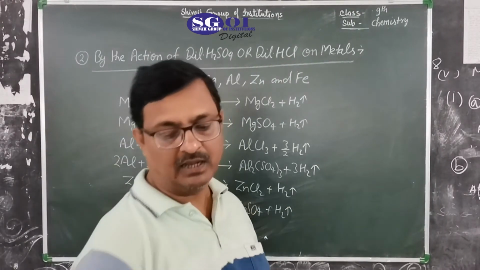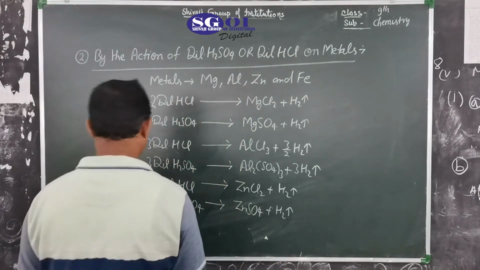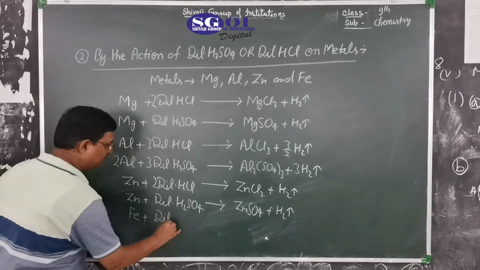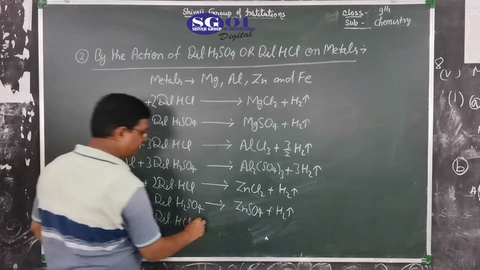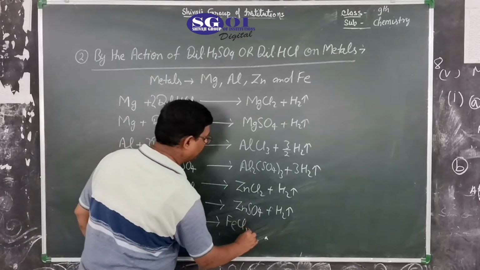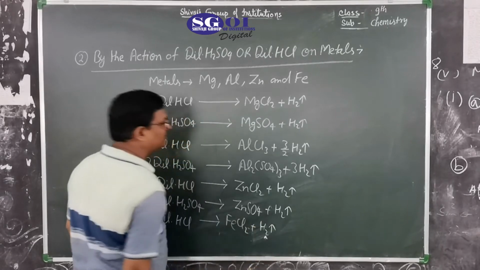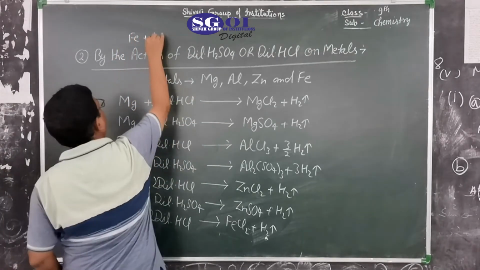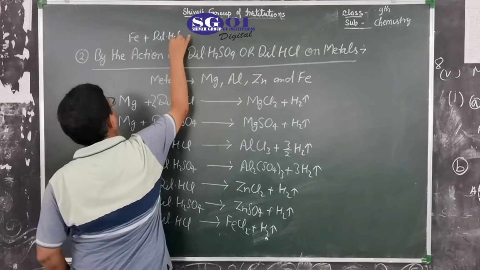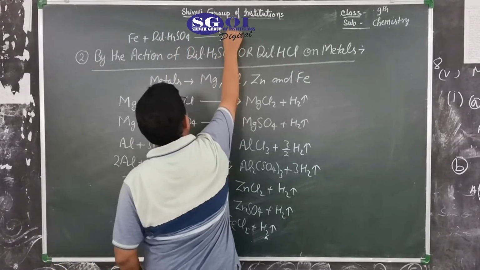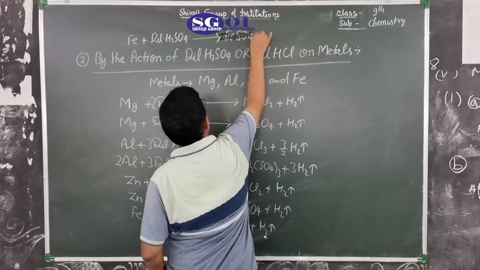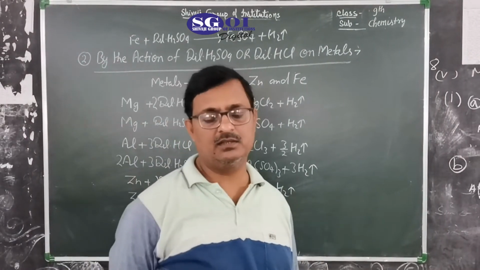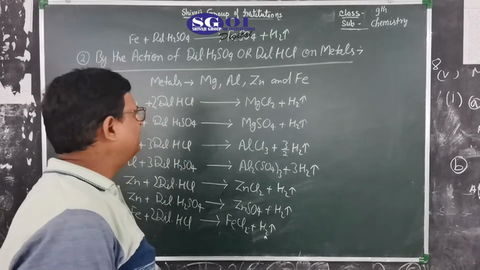Similarly, iron first reacts with dilute HCl to get ferrous chloride with the removal of hydrogen gas, or iron reacts with dilute H2SO4 to give ferrous sulfate, that is FeSO4, with the removal of hydrogen gas. Okay, this is the reaction of dilute acid on metal.